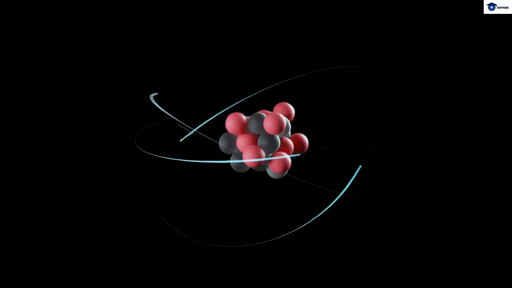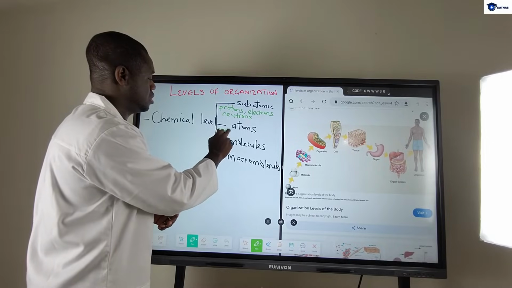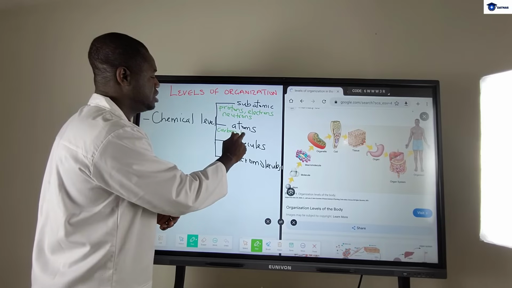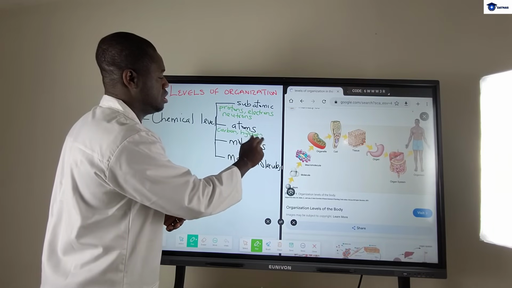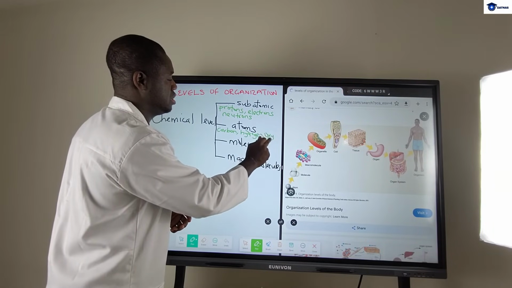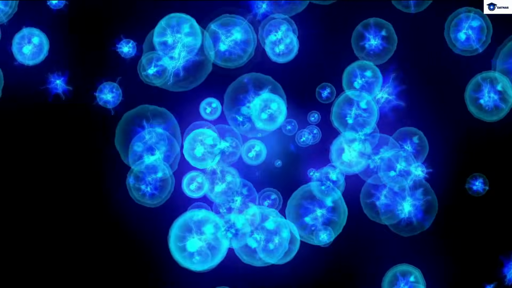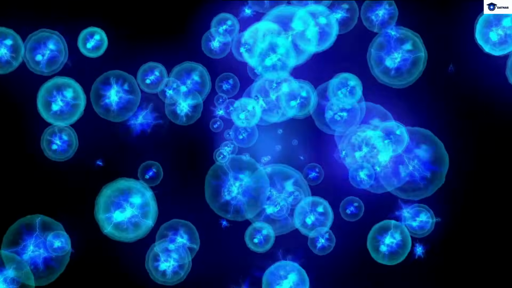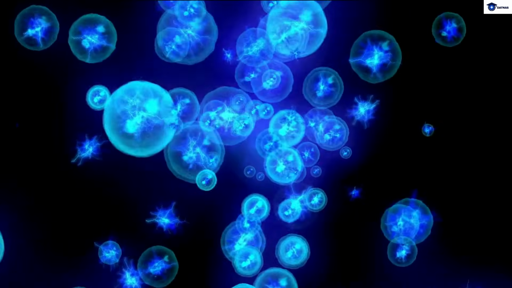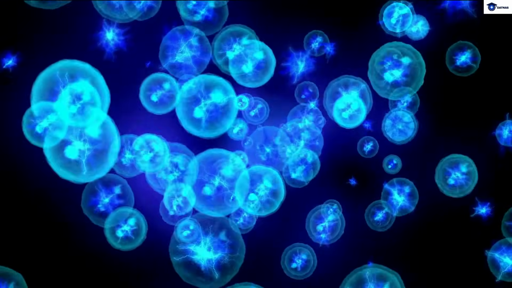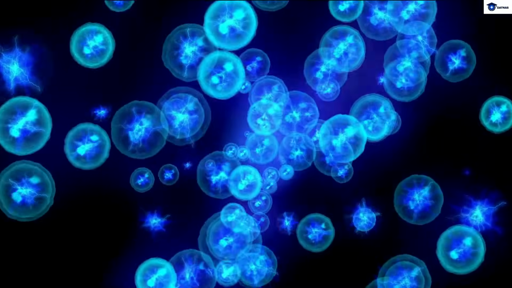Example of atoms is carbon, hydrogen, oxygen, calcium, magnesium. All these are atoms because in each atom we have a combination of proton, electron, and neutron.